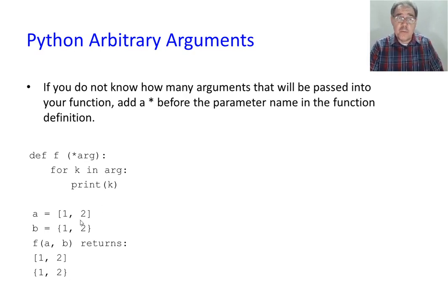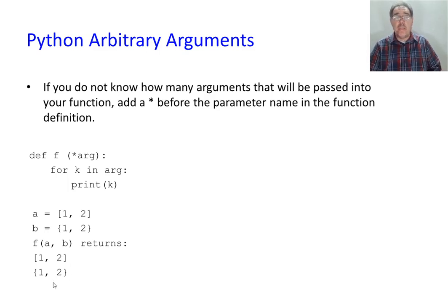So for example, a is 1 2 and b is 1 2 as a set, you can do f(a, b), and that will return 1 2 and 1 2. So what happens basically, k will take the first argument and print k. So it will take the argument a and display it by doing print k, and then take the next argument, that's the set 1 2, and display k as a set.